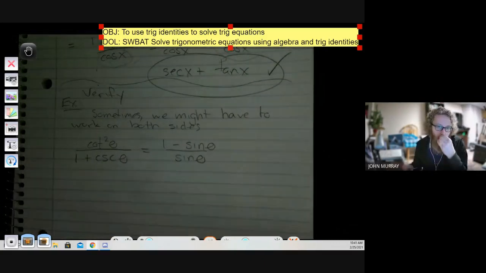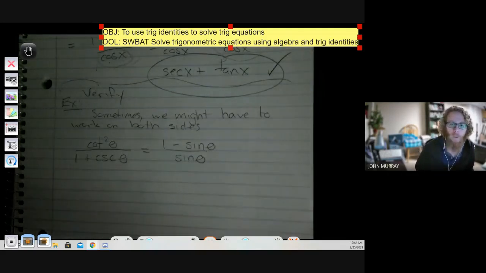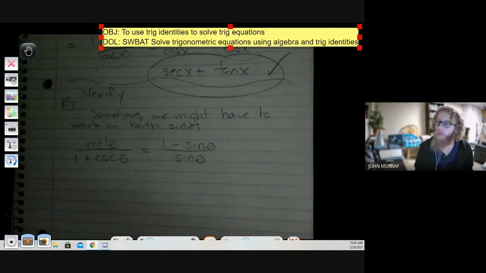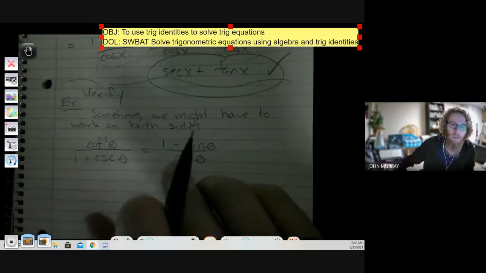Okay, so here we're going to deal with cotangent squared over 1 plus cosecant equals 1 minus sine over sine. Both of these are not simplified on either side. I don't have just a single trig term on one side.